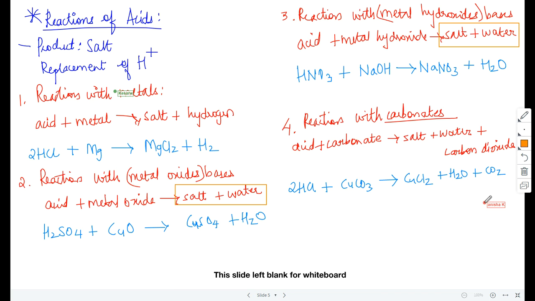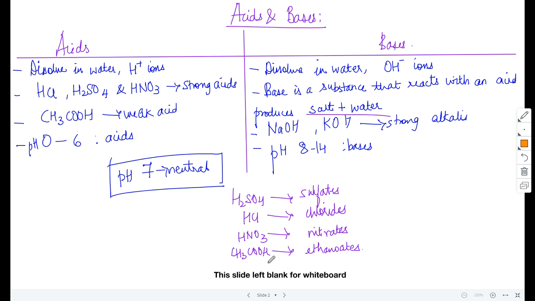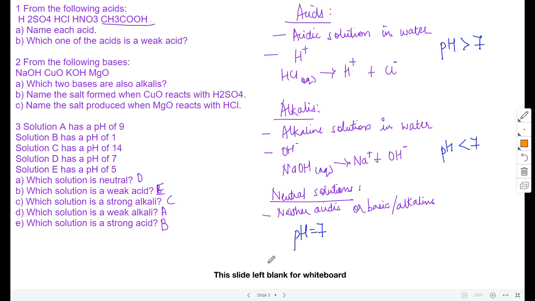So are you clear with the reactions of acids? Yeah, I've written it down. So these were reactions of acids. Are you clear from everything we have done from the starting? Okay.